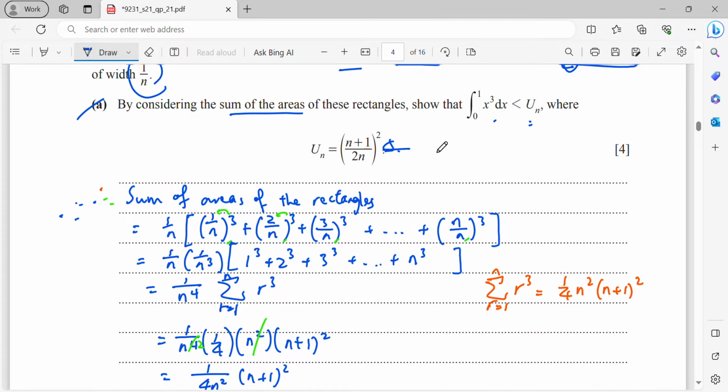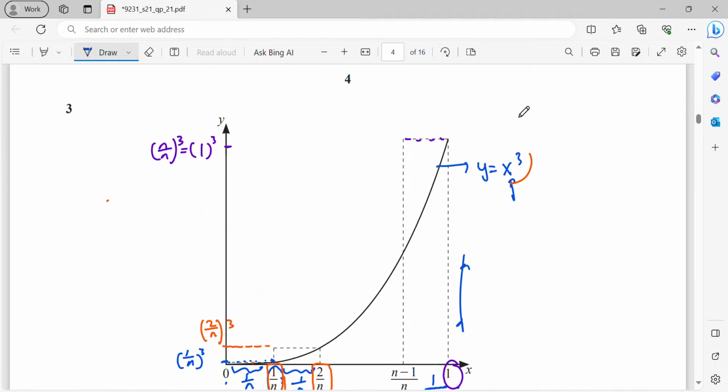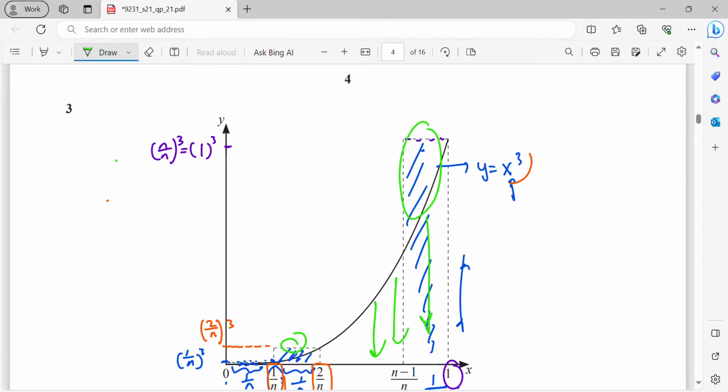Okay, so now from the graph, we know that area of the rectangles, when you get the total, it will always be greater than area under the curve. Okay, because of these extra parts. So area under the curve is basically integration from 0 to 1 for this graph.